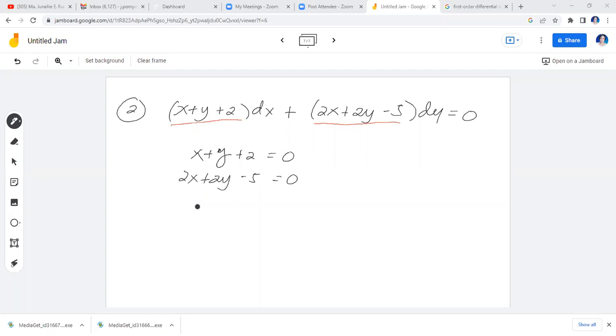The coefficients are either the same, or one is a multiple of the other: you multiply the coefficients of the first by a certain constant and you get the coefficients of the second line. Here, we simply multiplied x plus y by 2 to get 2x plus 2y.